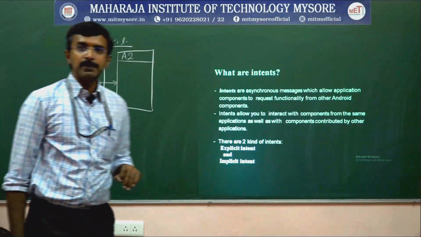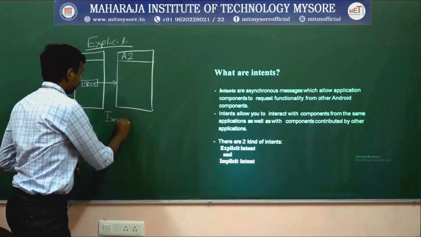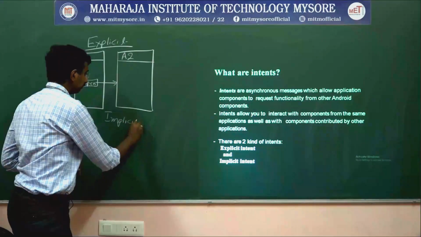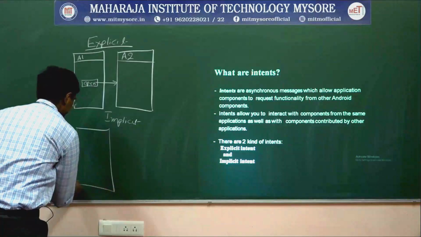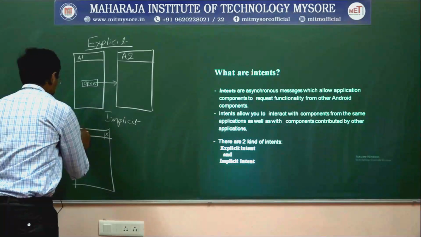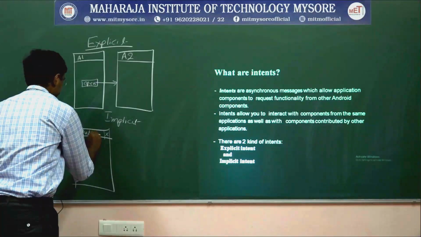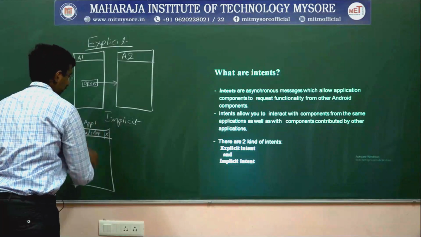Then what is implicit? Implicit is another one, a simple one. So you have an application, say this is an application. So WhatsApp, application 1.